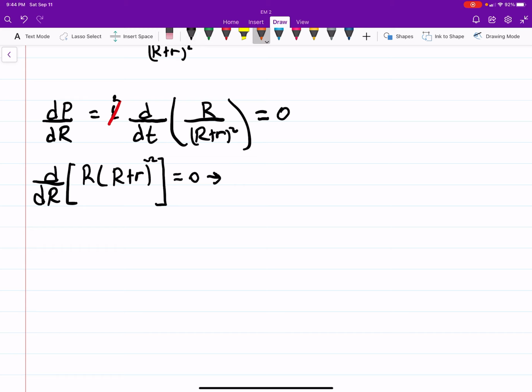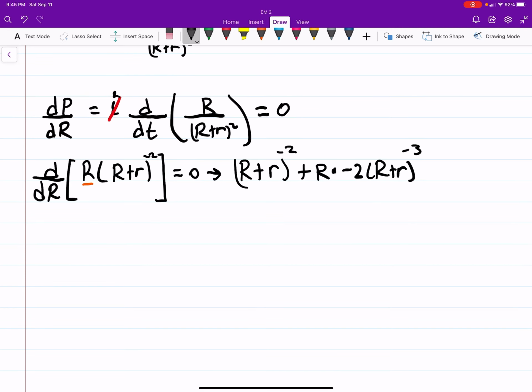Derivative of the first is just 1 times the second, so R plus little r to the minus second, plus R, the first, times the derivative of the second. So that's going to be times minus 2, so this is a chain rule, to the minus 3, and then times 1, so we don't have to worry about that. This is all equal to 0.